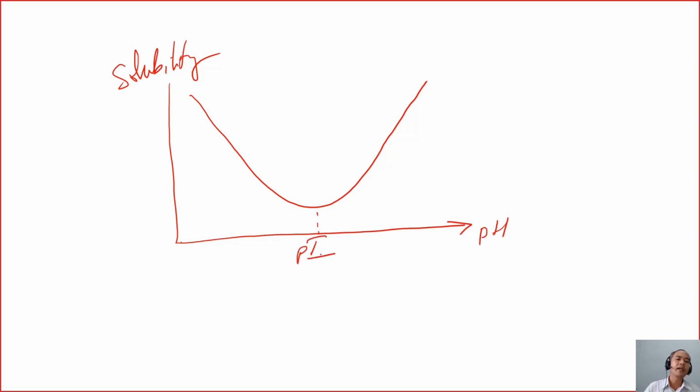At pI for casein, for milk protein, that is 4.6. The solubility of the protein here is at the lowest, meaning that they have the chance to be coagulated. And here is somewhere like pH 7, for example. Here you have much lower pH, maybe 2.5 or 2.